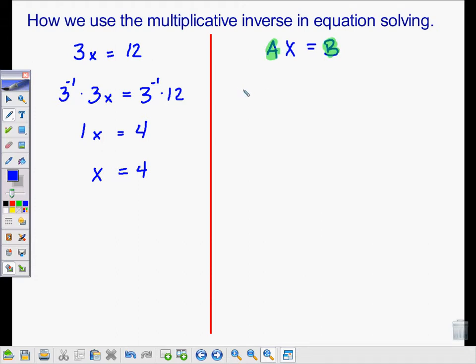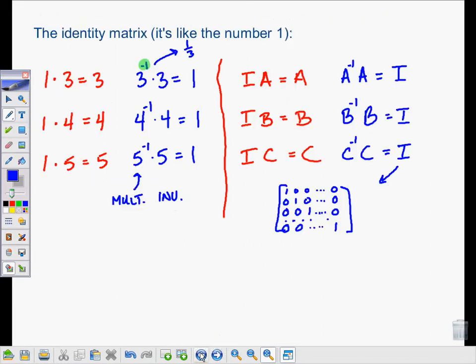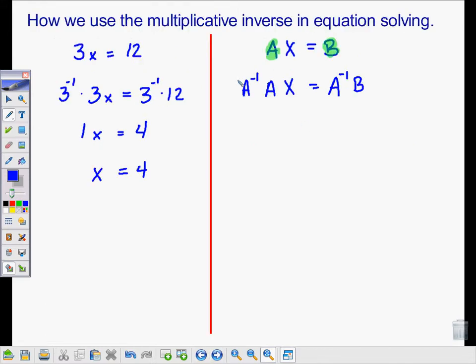So I can do A inverse times A times x. That'll be equal to, well, I have to do the same thing on the other side, A inverse times B. All right? Now, on the previous slide, we just got done saying that A inverse times A gave me my identity matrix. So now, A inverse times A is defined as the identity matrix.